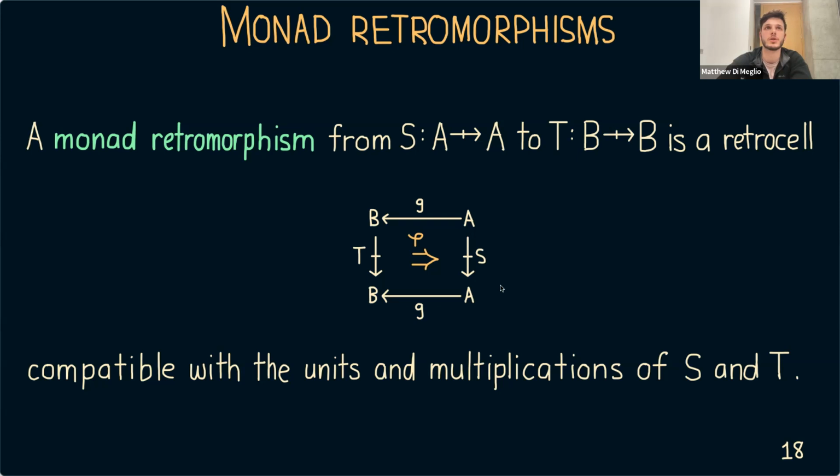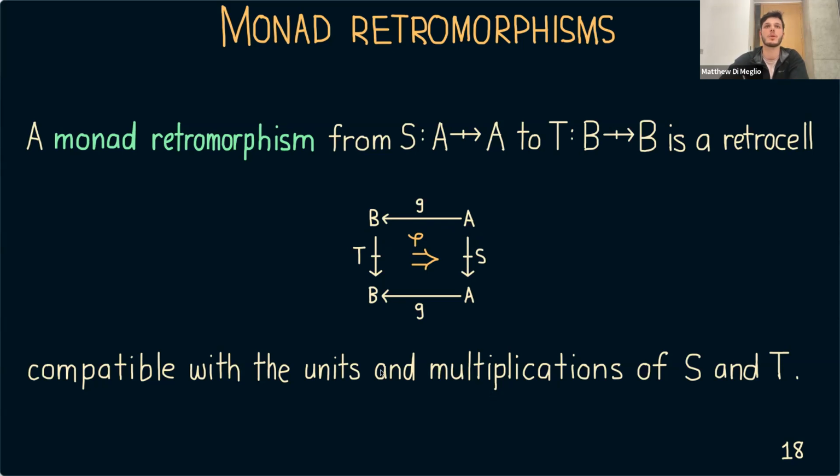But you could, of course, choose to make it go in the same direction as the cell instead. That would be a different convention. But the idea is that the cell for this monad retromorphism is going in the opposite direction to the arrows.